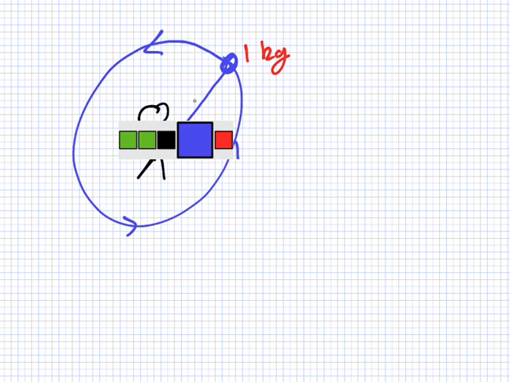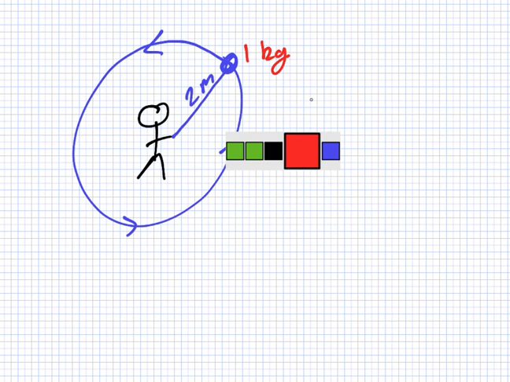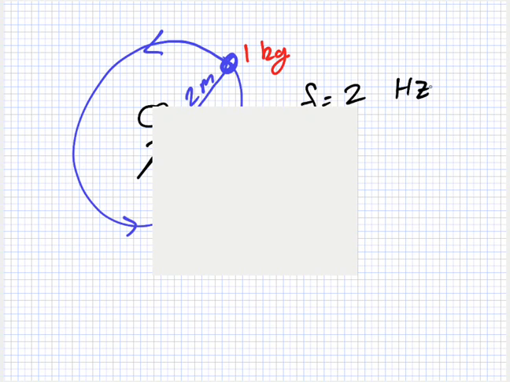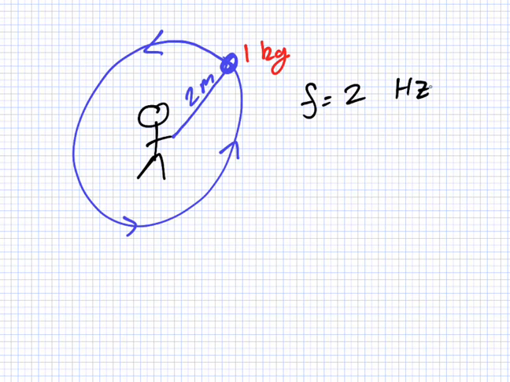So this is 1 kilogram, this is 2 meters, and the frequency is 2 hertz. So that means in 1 second, how many times? 2 times. So my question is, how fast is it moving?